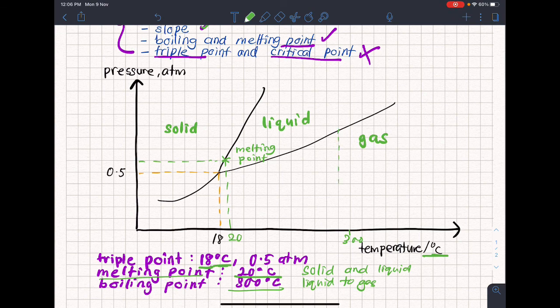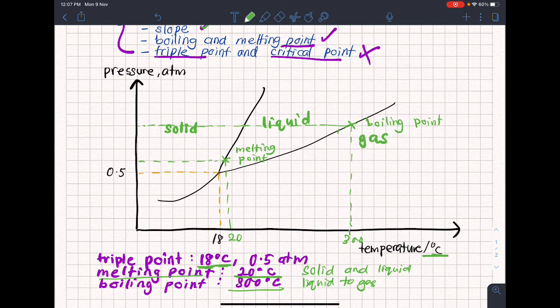So this is your melting point. Here is your boiling point. And next, for the triple point, given to you is 18 degrees Celsius and 0.5 atm.